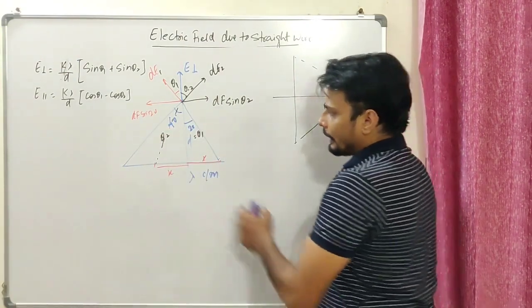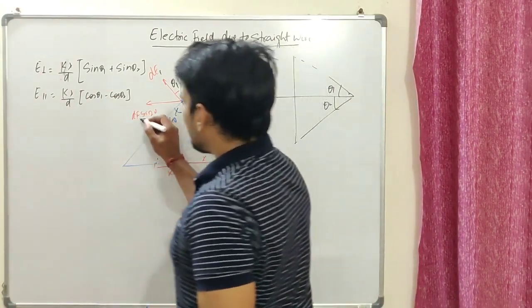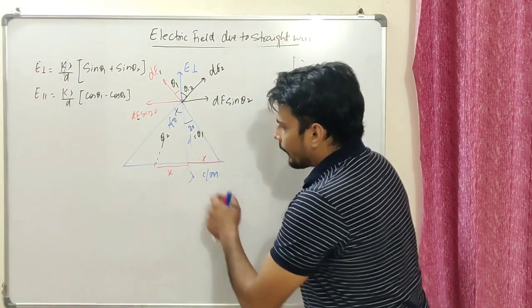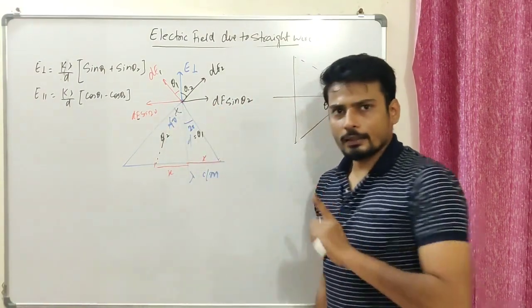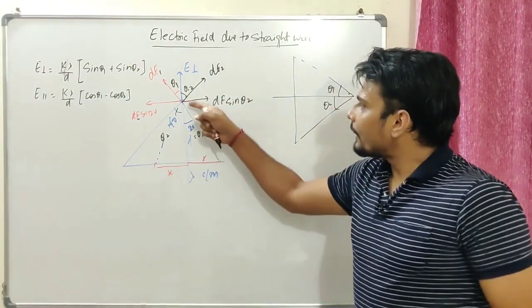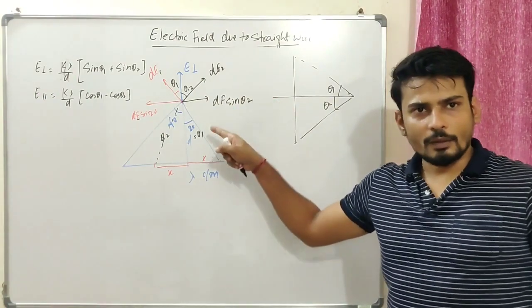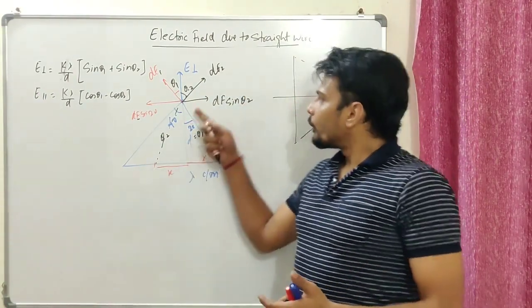What I mean to say, the electric field because of this in this horizontal direction is dE sine theta, and because of this also we'll have some part of it, so those two will get nullified, right? But the electric field because of this remaining part will still exist on this side, isn't it? You understanding my point? So the electric field by this extra element, I would say, will be existing on this side.